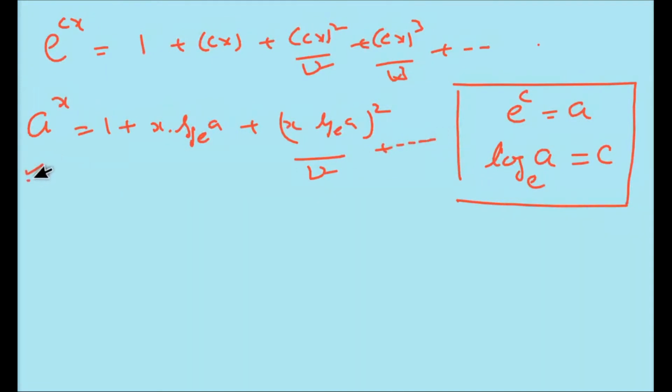So this is the exponential series for any constant a, where a is any constant 2, 3, 4, 5 and so on. If you want to use this series, you can use it for any constant a. Okay student, are you understanding?